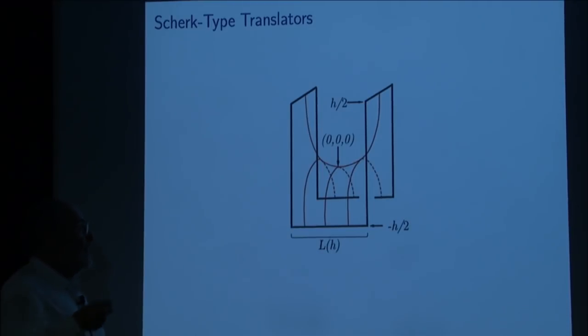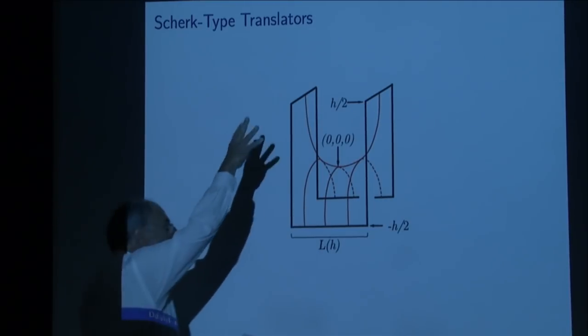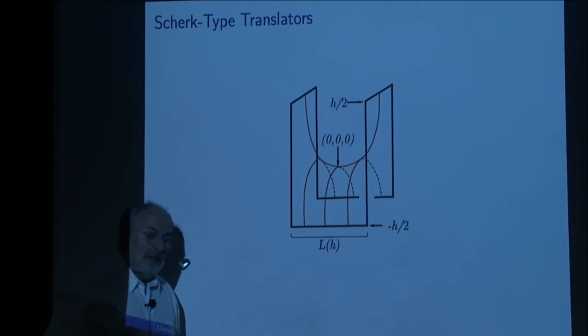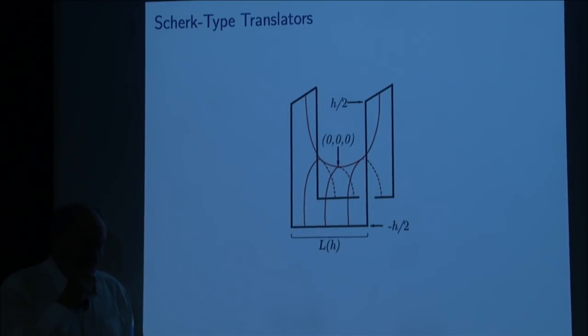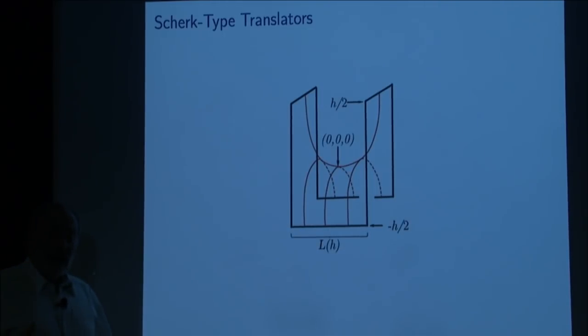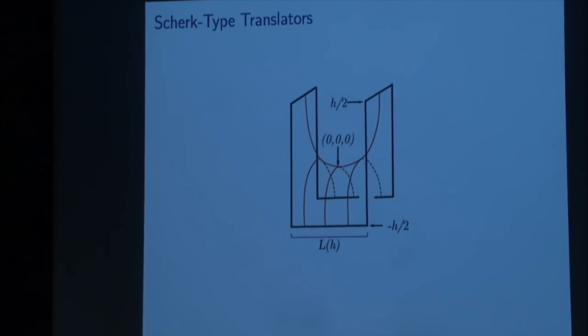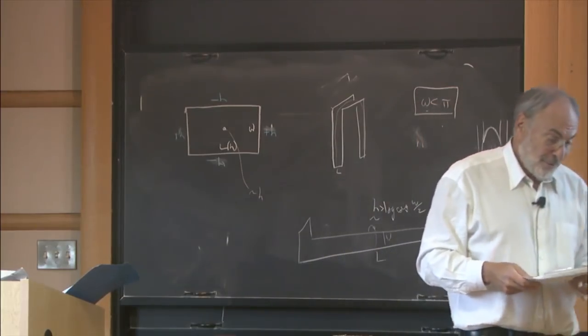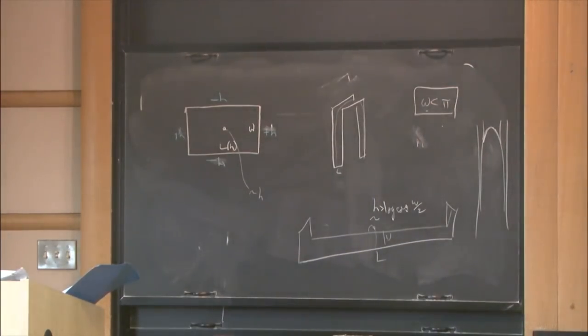And H is getting very, very big, so this is becoming complete, both up and down. I get something that's a complete graphical translator defined over a strip whose width is less than pi. By the previous torture I've subjected you to, there is no such example.